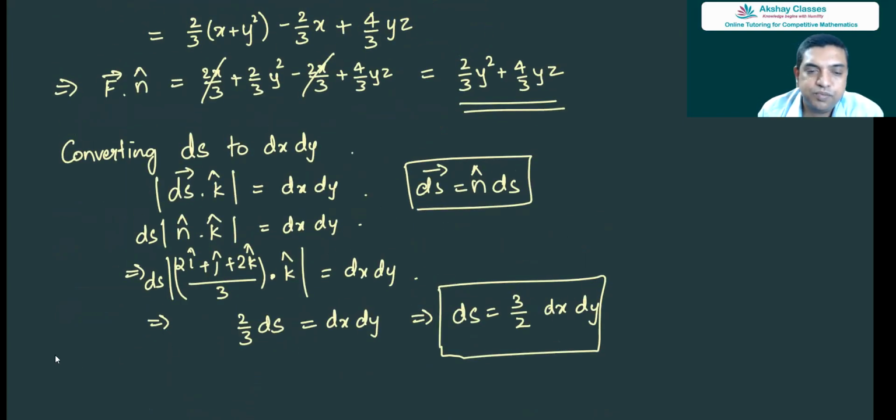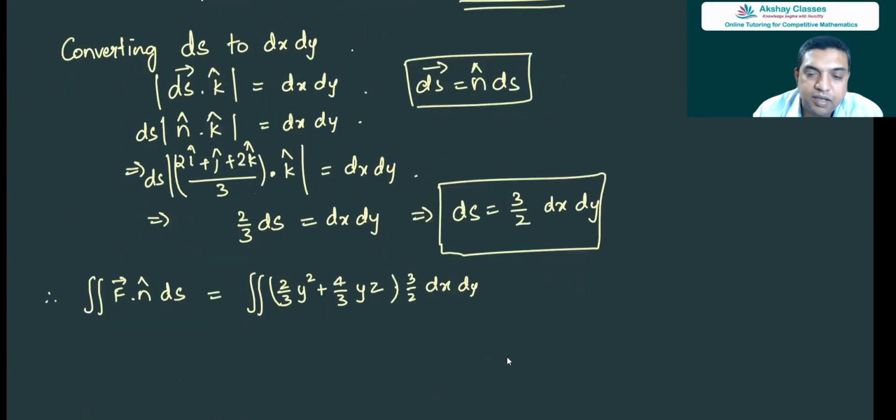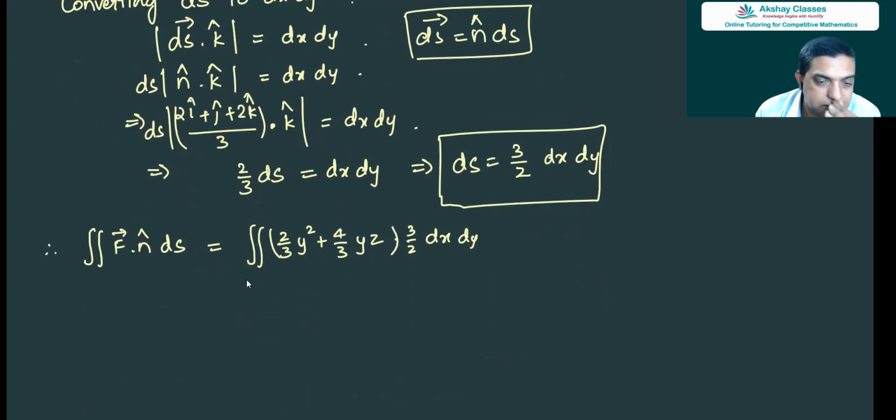So from these two, the integral over the surface F dot n ds is the integral of 2 by 3 y square plus 4 by 3 yz, into 3 by 2 dx dy. Now over which surface? This will be in the xy plane, OAB.